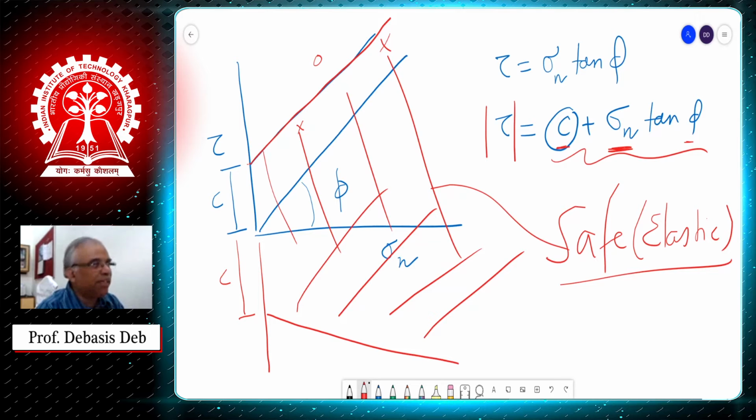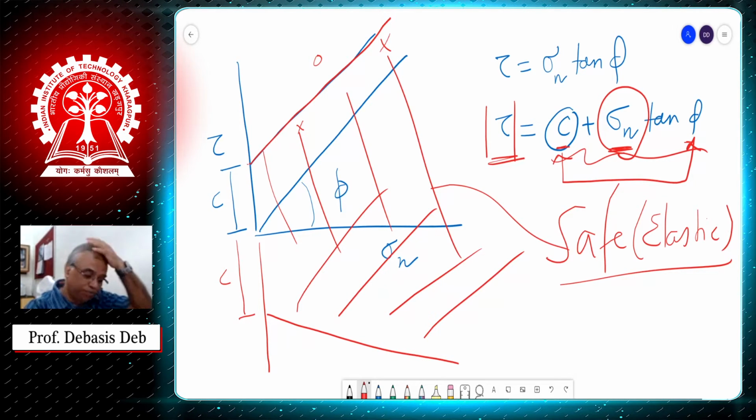Now this is the mathematics side of the failure criteria. That means for a given sigma n, the normal stress, if I know these two properties of the material, I know the maximum shear stress it can take.